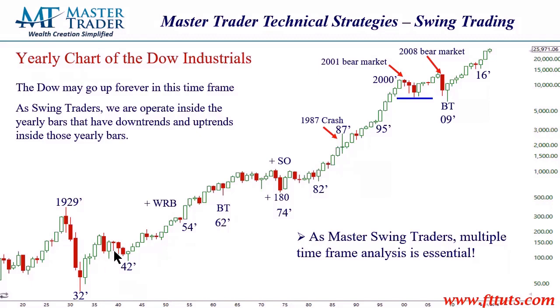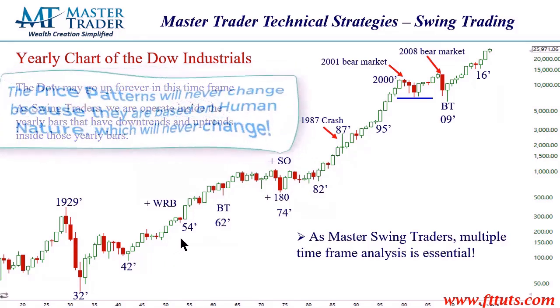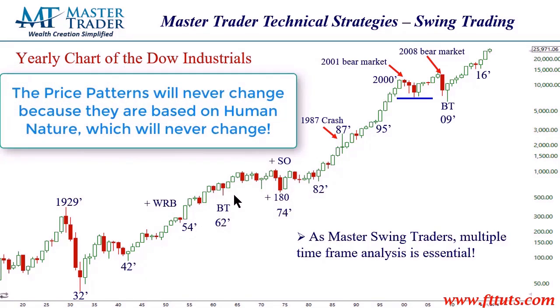But you can see here that the patterns are exactly the same, even from a yearly chart perspective, where there are wide range bars and bottoming tails and 180 reversals that you can see in 1974. And in 1982, there was a bottoming tail bar that took out the prior year's low and turned back up again.